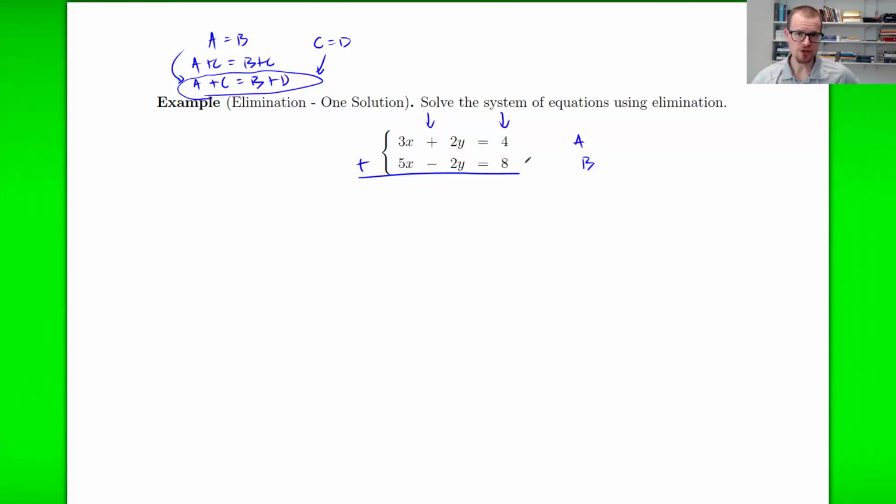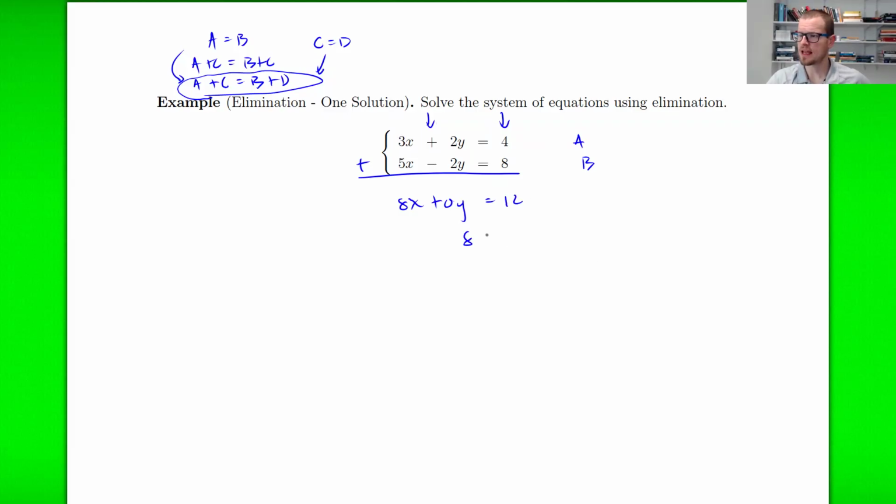This is kind of weird notation, but it's generally accepted. When I write this notation, what I mean is I'm going to add the left-hand sides and add the right-hand sides. 3x plus 5x, the combining of like terms here, gives us 8x. Positive 2y plus a negative 2y gives us 0 y's. And 4 plus 8 gives us 12.